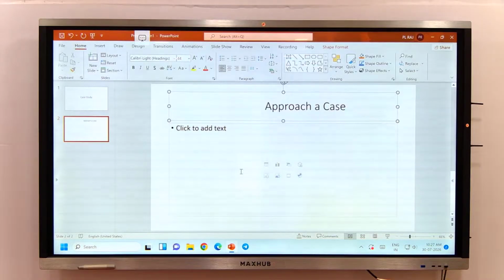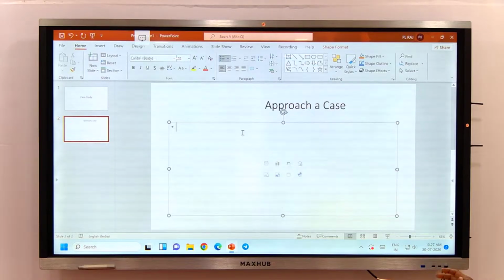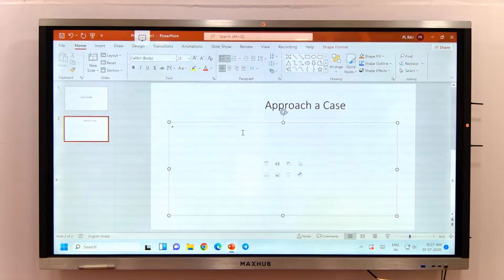Approaching a case influences the change in the quality of our presentation. An approach to the case. That means it needs a shift from our traditional approach.